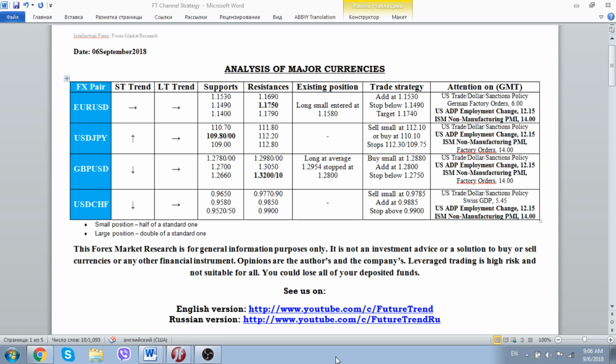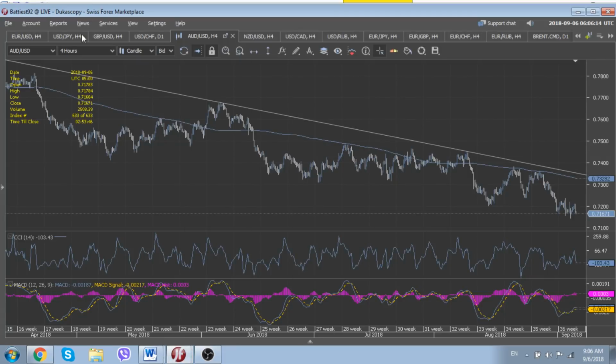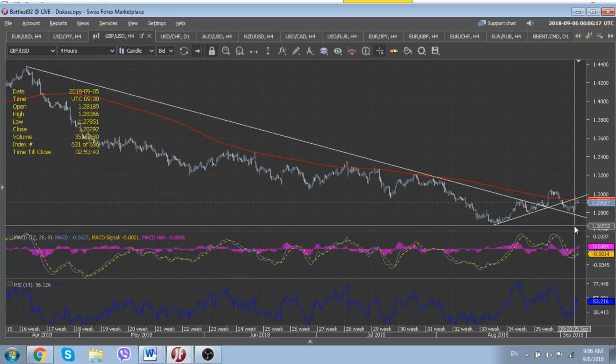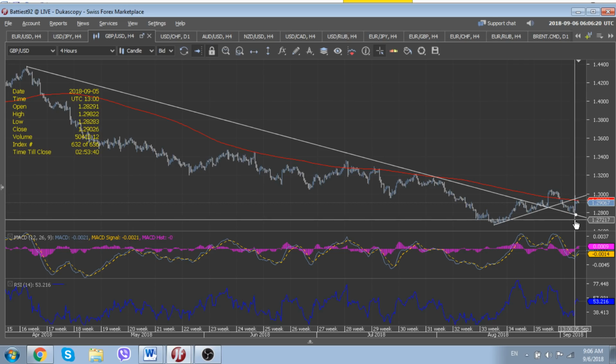And of course, in such kind of environment, Great Britain received a portion of buoyancy. Yesterday, as you could see, the British pound rose from the lows of yesterday's session, printed around 127.85, to the highs of about 129.80.